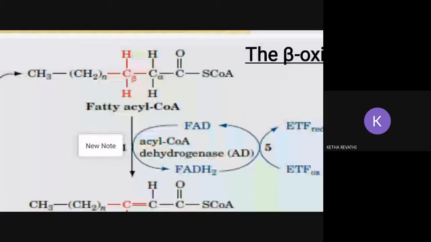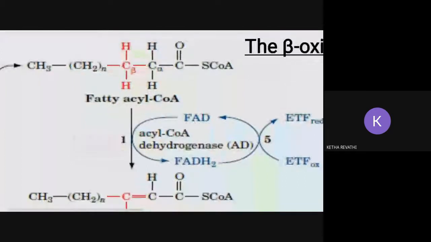Fatty acyl CoA, or acyl CoA, means CH3, CH2 twice N, CH2, C double bond O, S CoA. This is the structure of the acyl CoA or fatty acyl CoA. You have to draw this structure for this question. Understood?